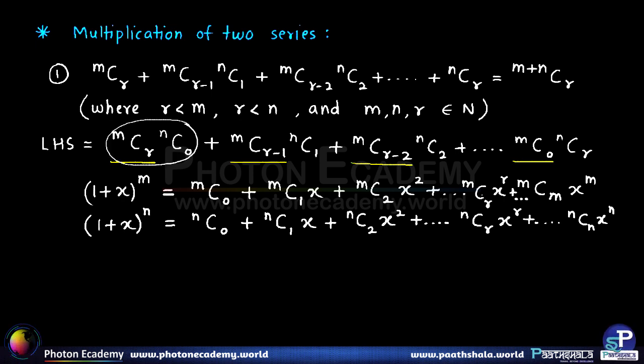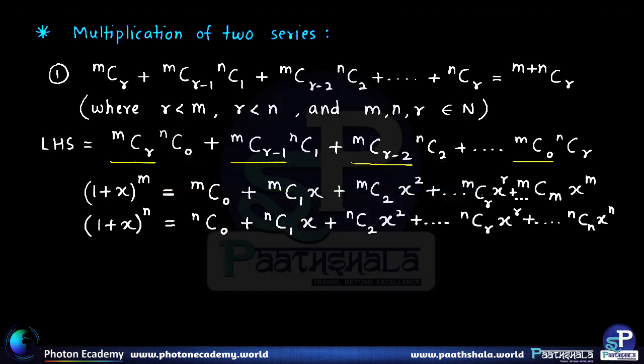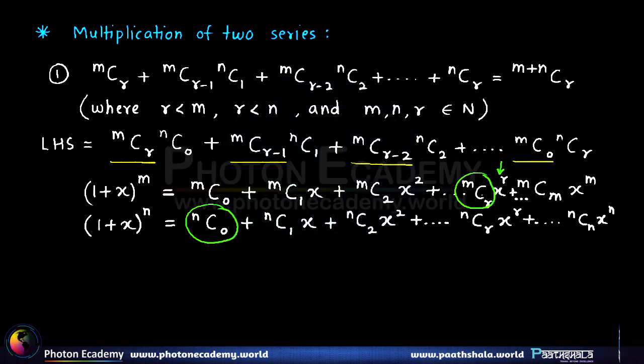Now if you check MCR into NC0, see here the product is MCR, which is here, and NC0 here. When you take the product of these two terms, we will still have x raised to r in that product. Alright. Now next, let us consider the next product, that is MCR minus 1 into NC1.